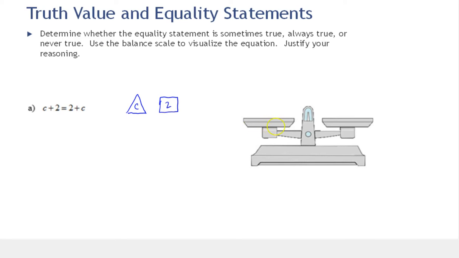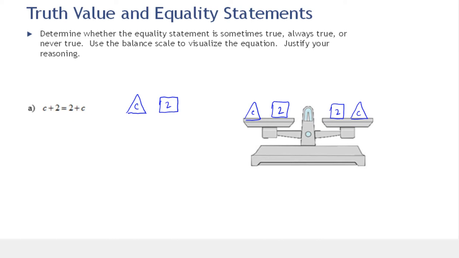So on the left-hand side, we have C and 2. And on the right-hand side, we have 2 and C. So convince yourself, if C was say 5, that if we put these two on the same side together, that's the same as addition.